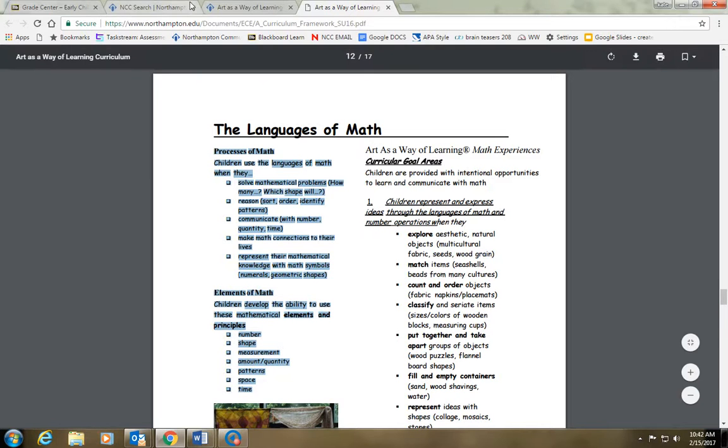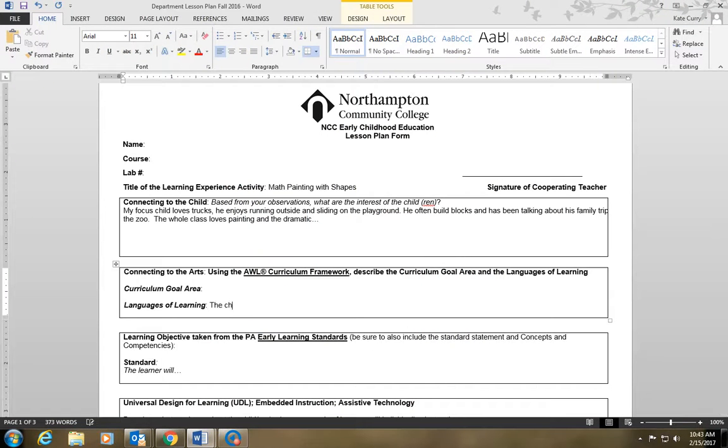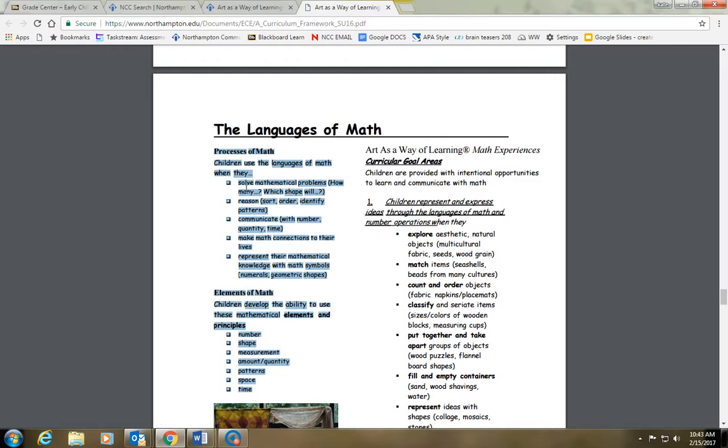Okay, and that's what I would write right in here. Okay, the children will use the language of math, and then whatever you're planning from the manual, where I just said this is what I was going to focus on, and then these two things.